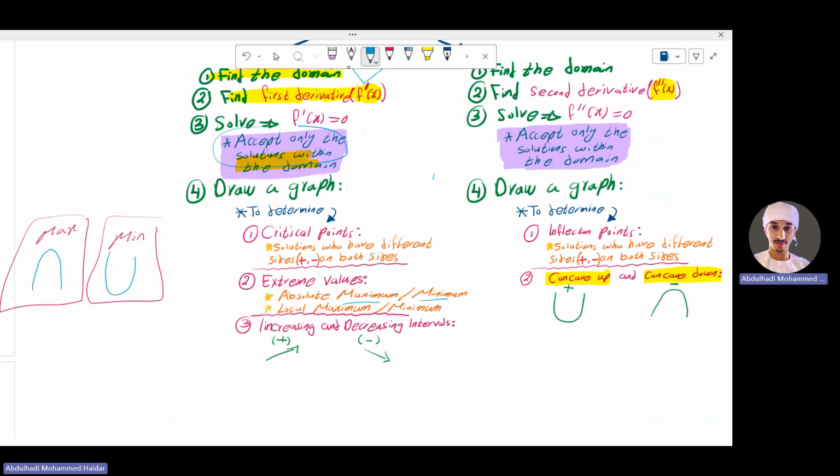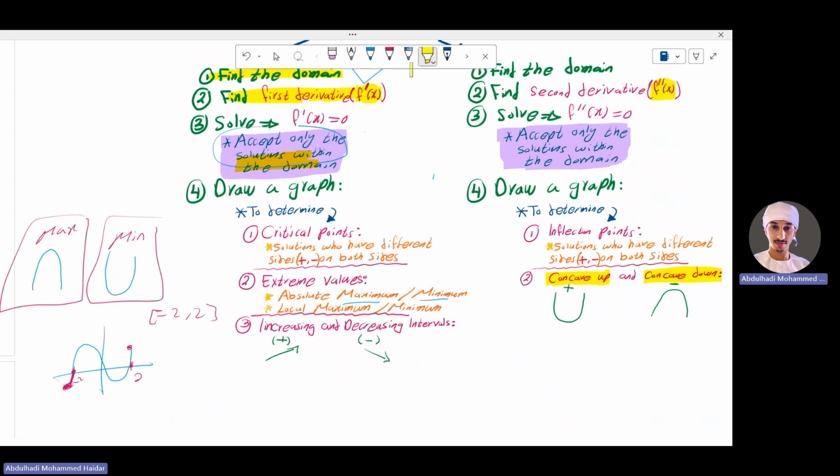When you have a graph with a domain from -2 to 2, it has a point here and a point here.